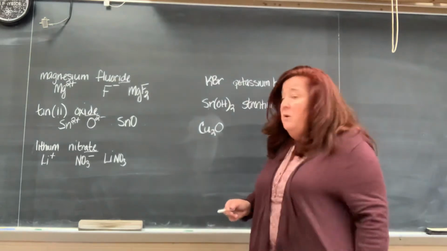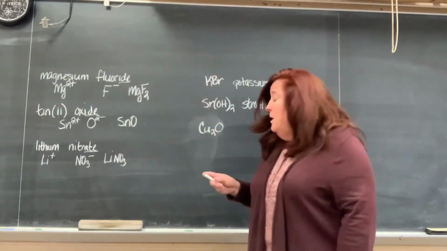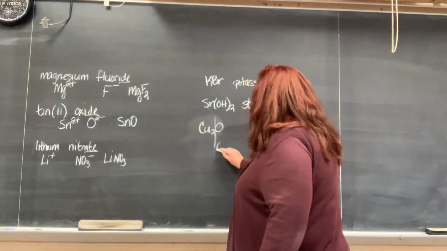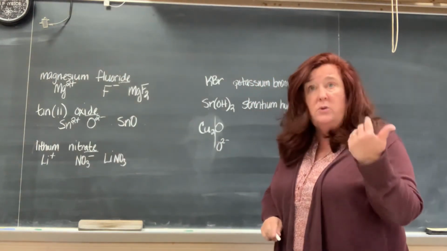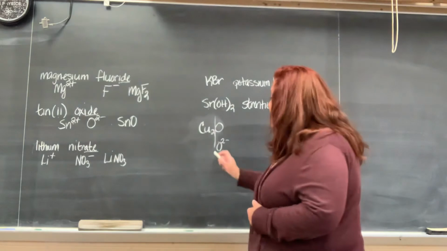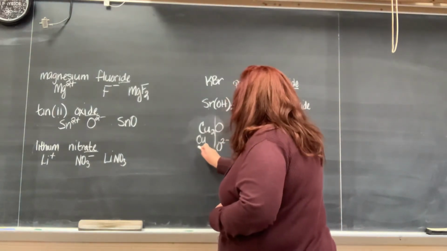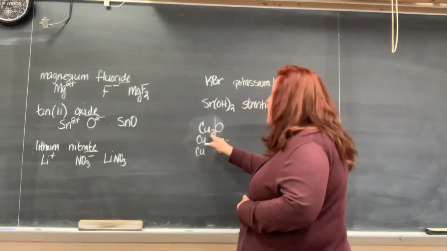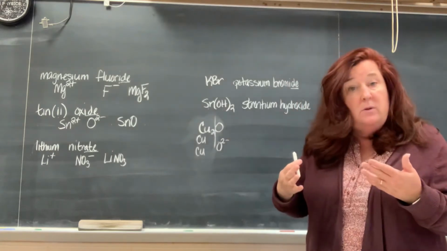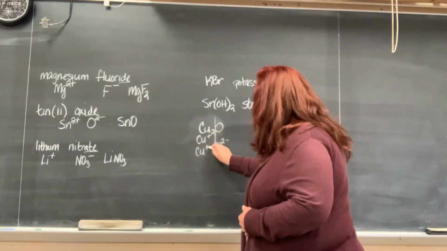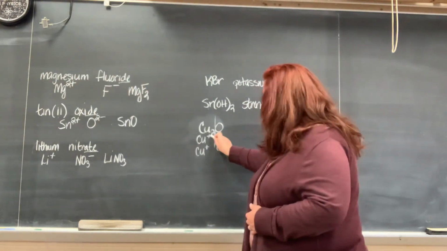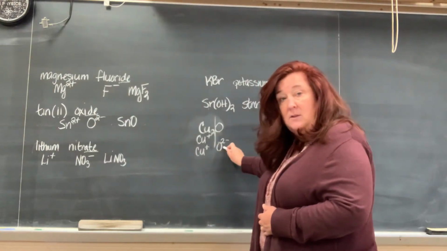The way you figure it out is by looking at the other atom. Oxygen is always -2, and there's just one of them, so the overall charge on this was a -2. That means that these 2 coppers must be balancing out that -2, so each one of them must have a +1. +2 altogether balances out this -2.